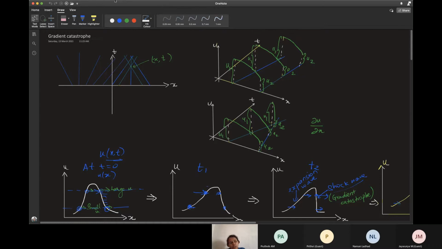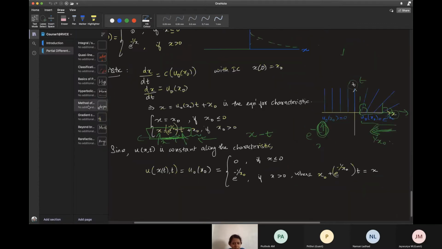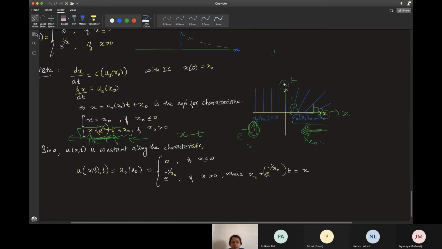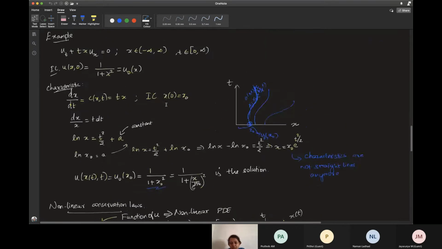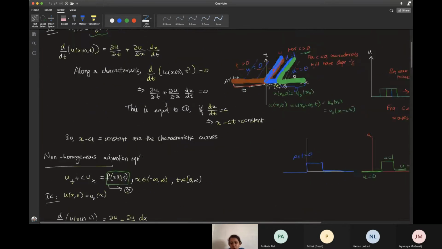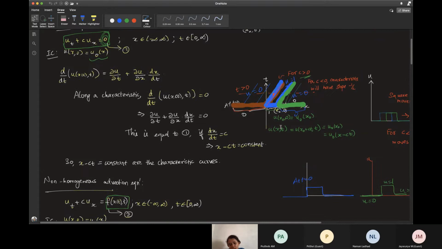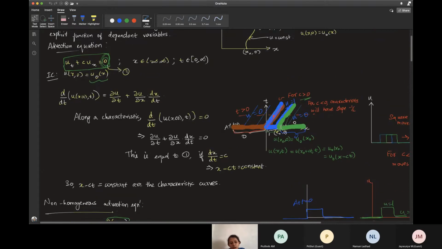So in that we studied advection equation, which is linear advection equation, and we saw how homogeneous linear advection equation led to straight characteristics with constant slope everywhere, like this. And we also saw how such an equation can lead to movement of initial condition either to the left or right.